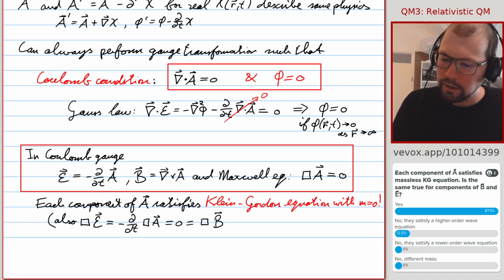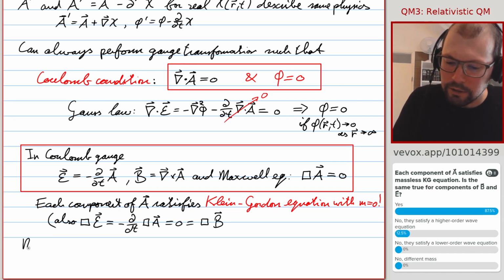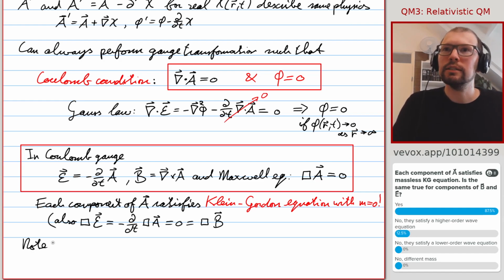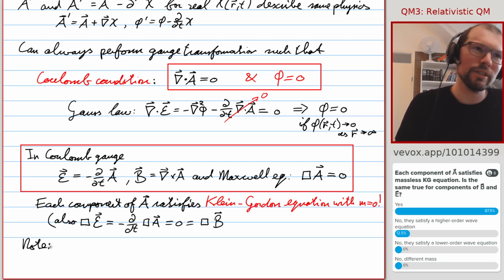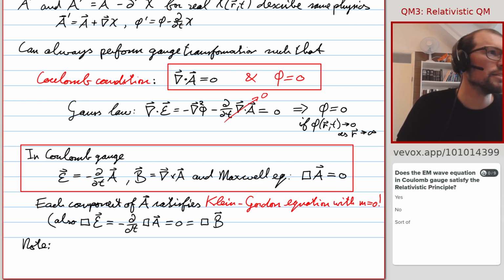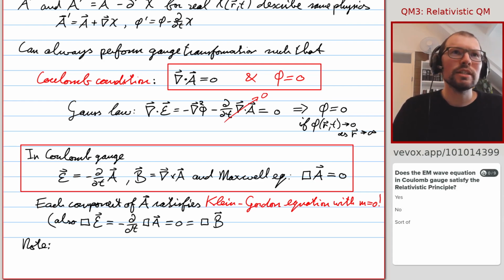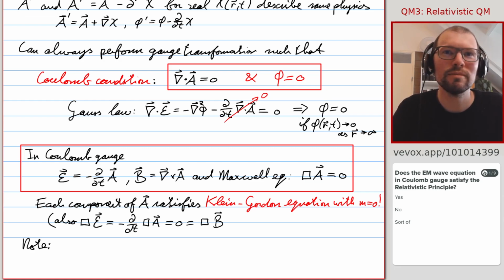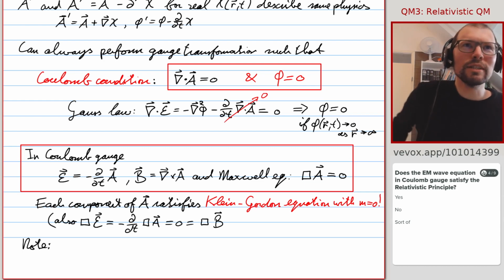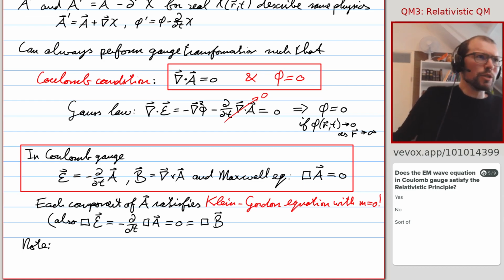Okay. Now, let's do another poll. Does the wave equation in Coulomb gauge satisfy the relativistic principle? So again, what does it mean to satisfy the relativistic principle?